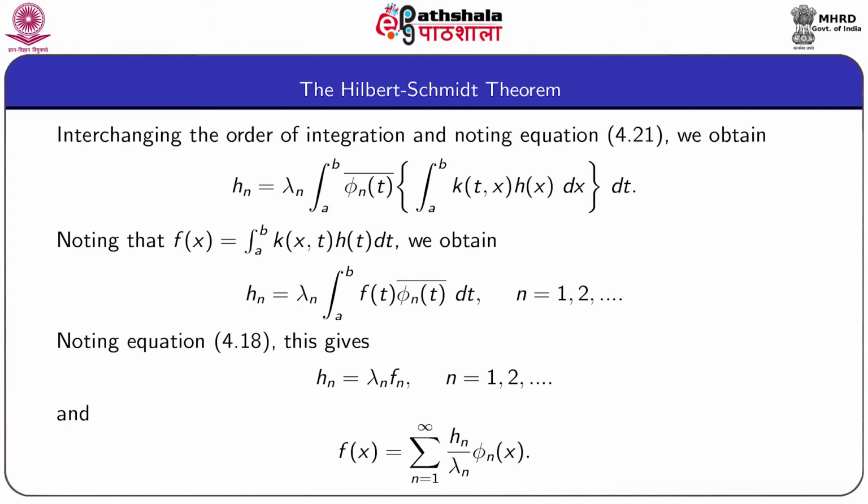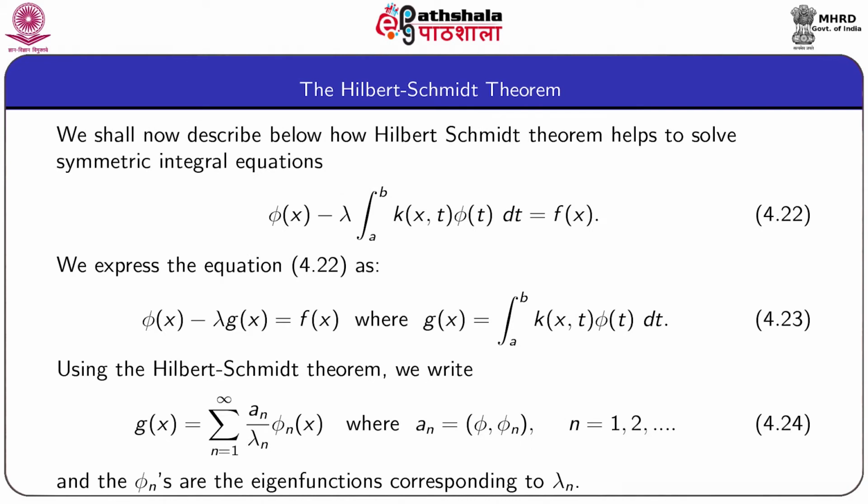So that we get h_n equal to lambda n into f_n. So f_n can be written in terms of h_n, and hence the series for f(x) can be written as f(x) equal to summation n equal to 1 to infinity h_n by lambda n into phi n(x), as we wanted to show it.